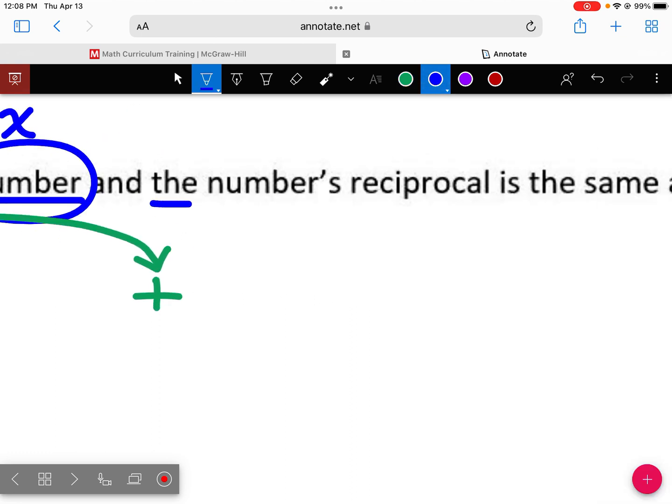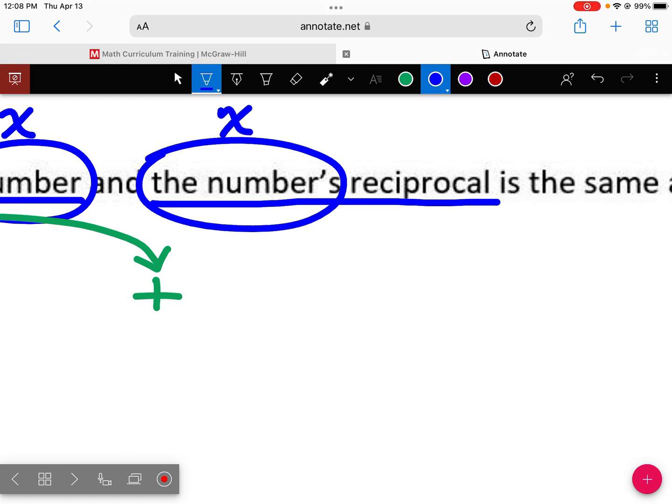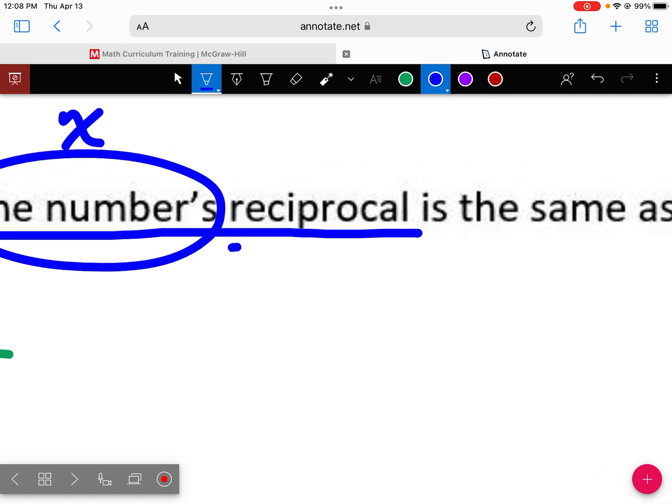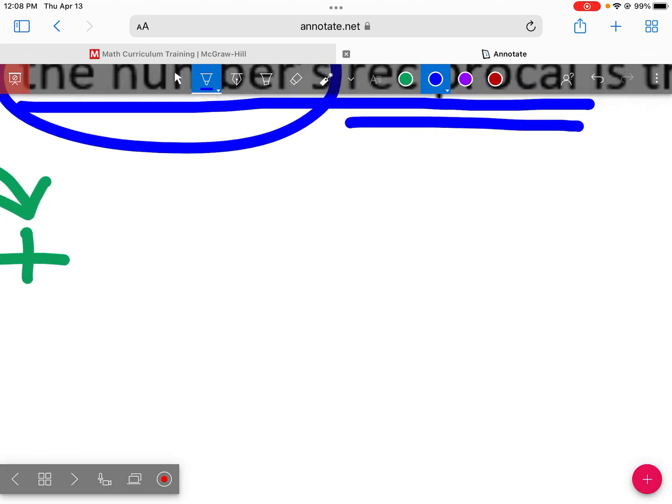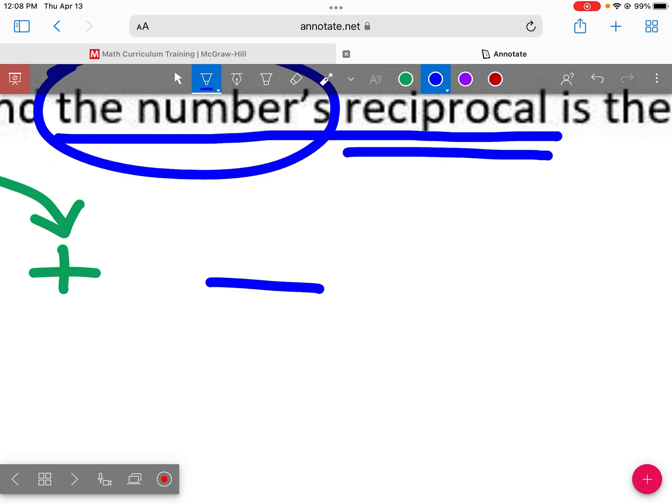The number's reciprocal. Well, we said the number is x. What does reciprocal mean? Flip it. So it's going to be a fraction. What will this fraction be? No, it's just the number's reciprocal. You're reading too far in the problem.